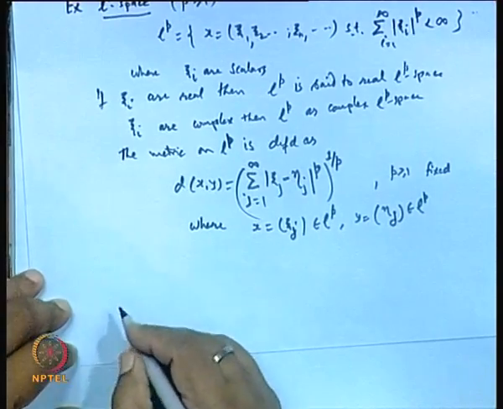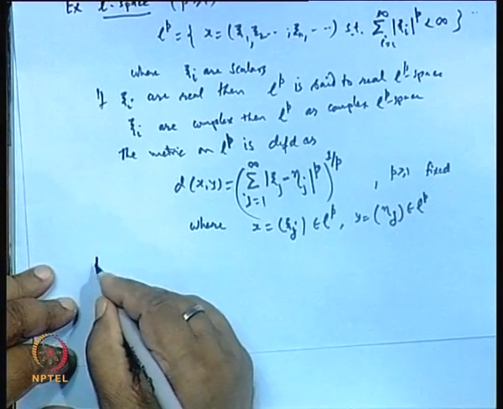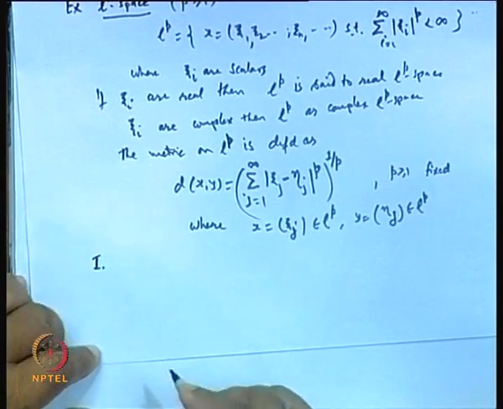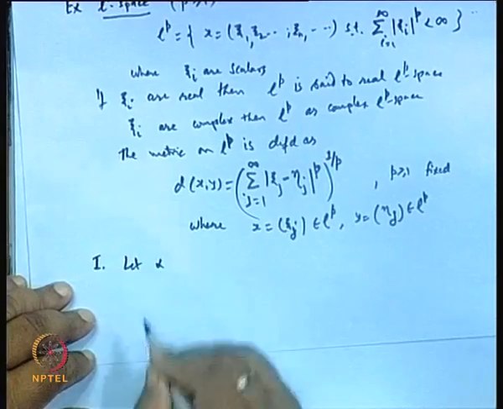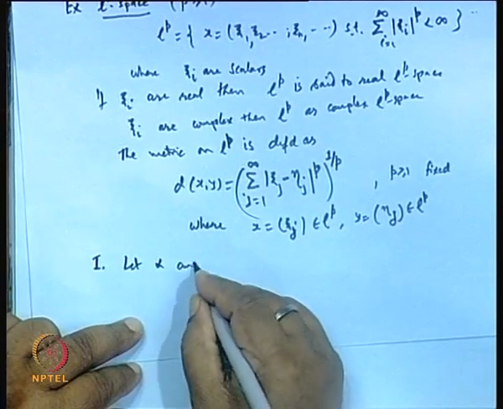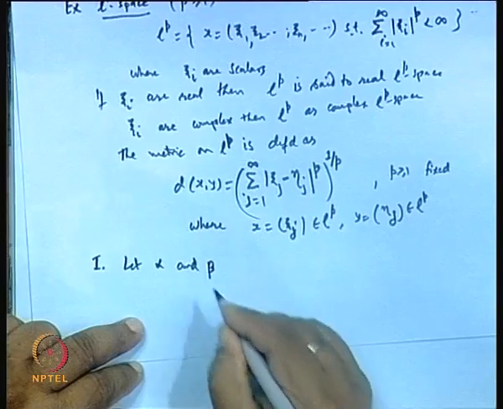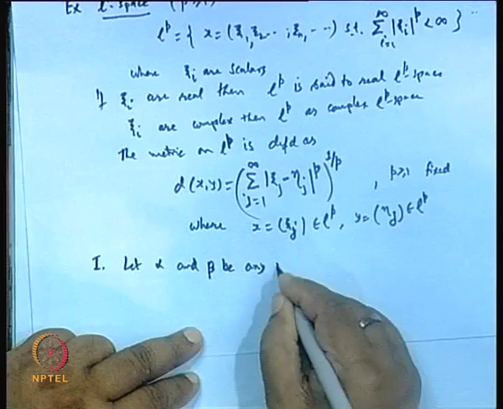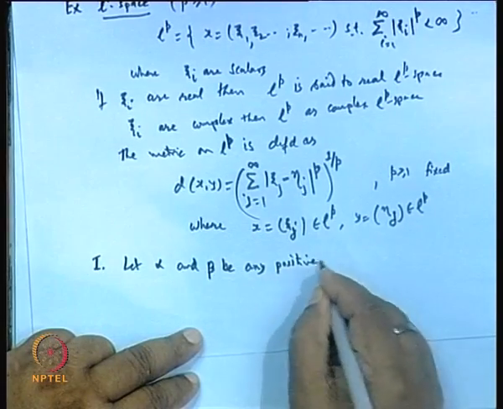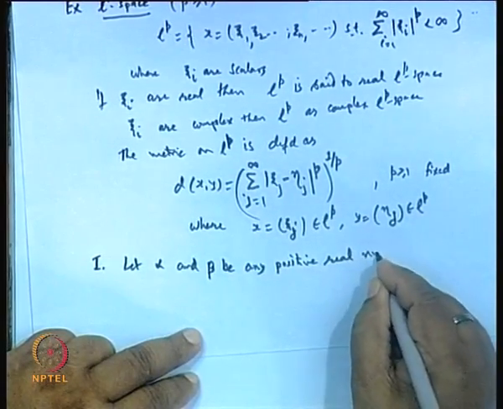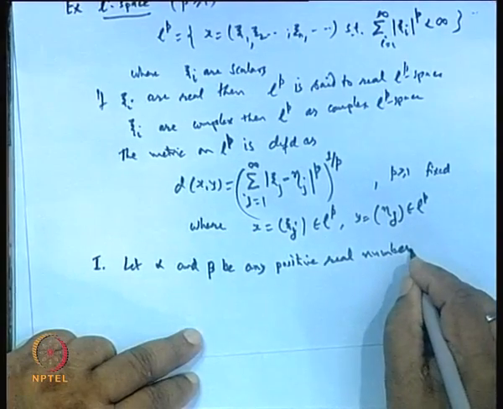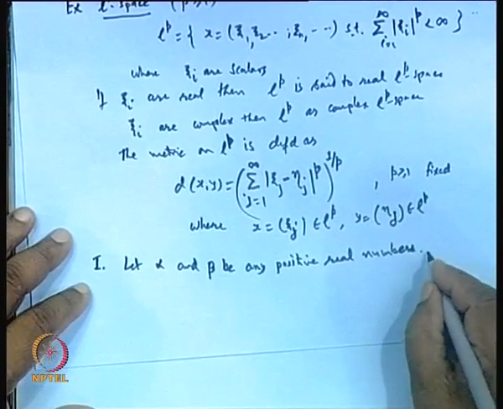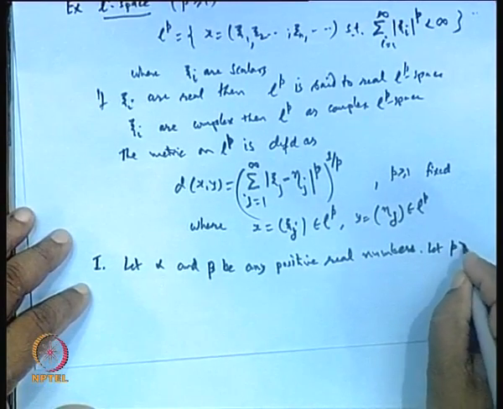So, first we will derive an inequality. The result is, let α and β be any positive real numbers, and p and q, and let p be greater than 1.